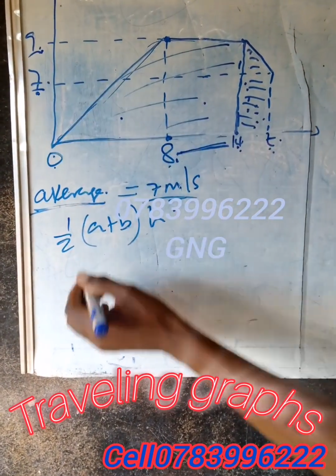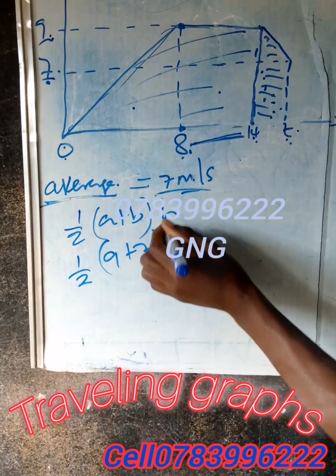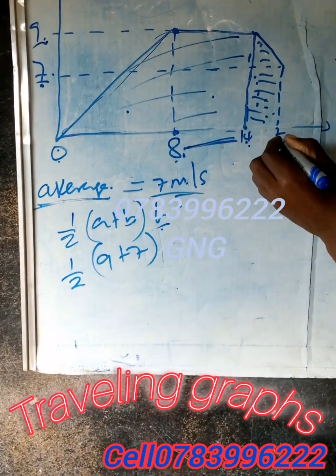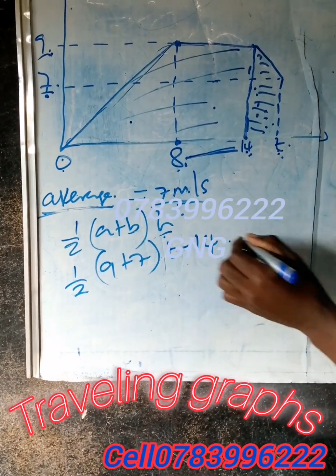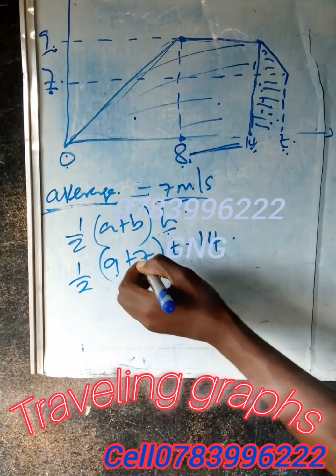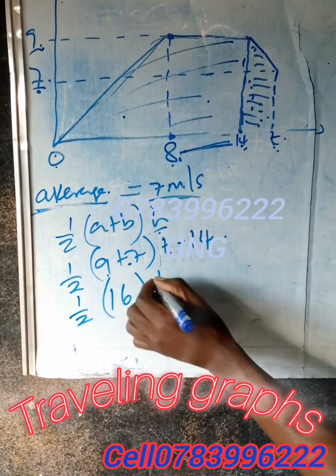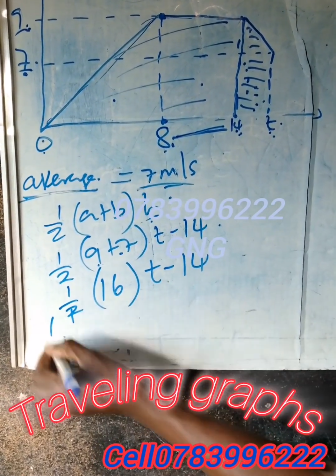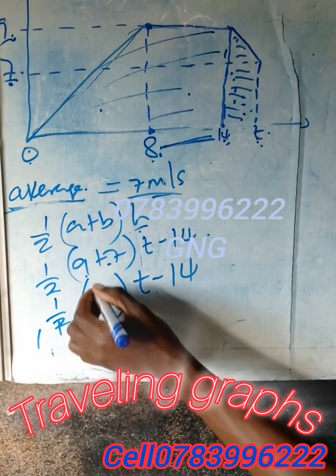So it will be half (9 plus 7) times our h, and our h will be the distance from t going to 14. So it will be t minus 14. So 9 plus 7 we get 16, times (t minus 14). 2 into 16, what do we get? We get 8.